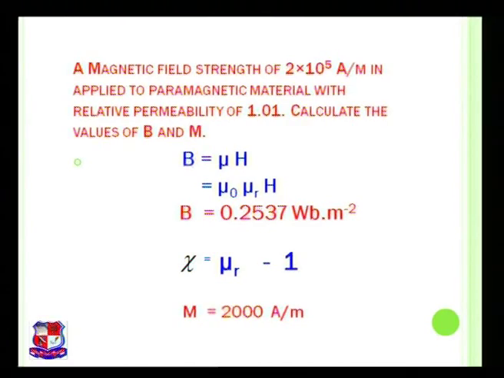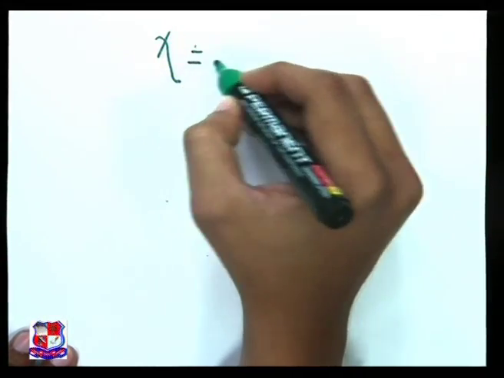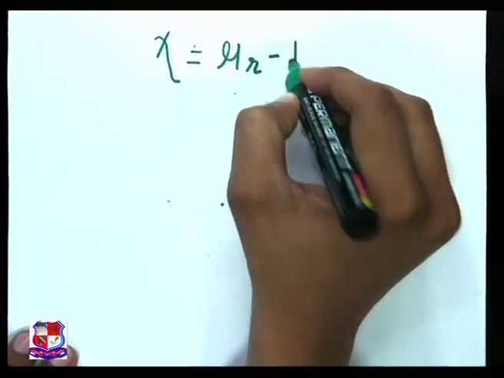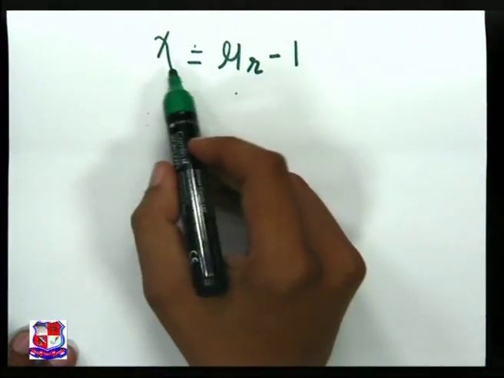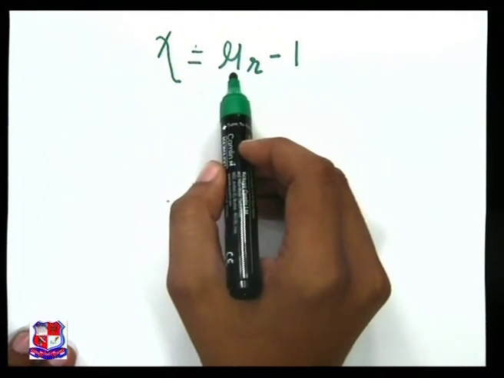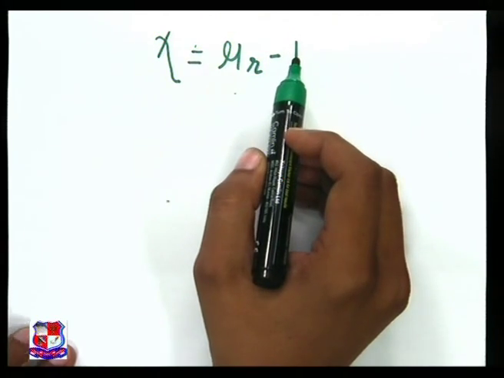Let us write it on the board. The value of chi is equal to mu r minus 1. Here chi represents susceptibility and mu r represents relative permeability.